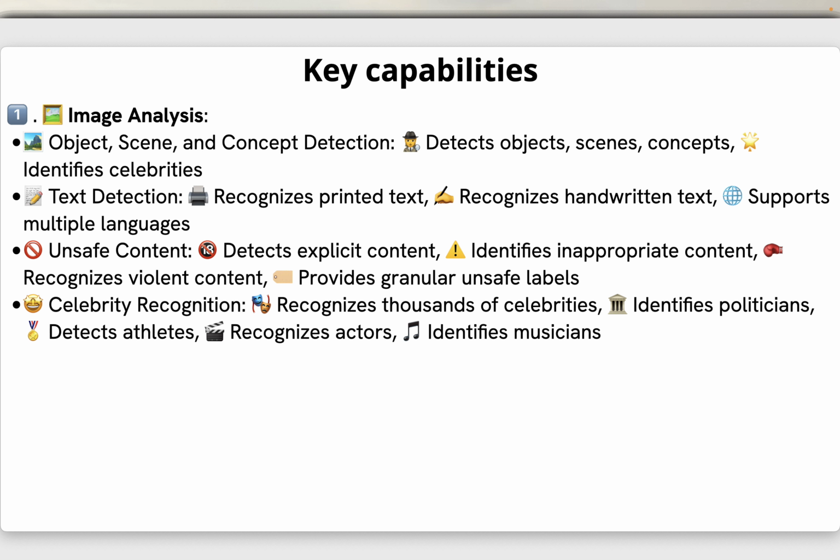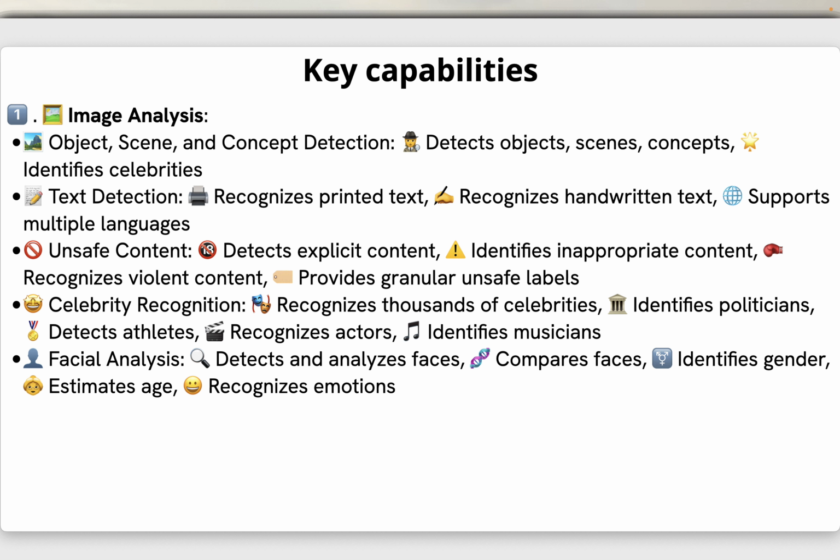Celebrity recognition. It can recognize tens of thousands of celebrities in your images across different categories such as politicians, athletes, actors and musicians. Facial analysis. It can detect, analyze and compare faces along with facial attributes such as gender, age and emotions. Use cases may include user verification, cataloging, people counting and public safety.